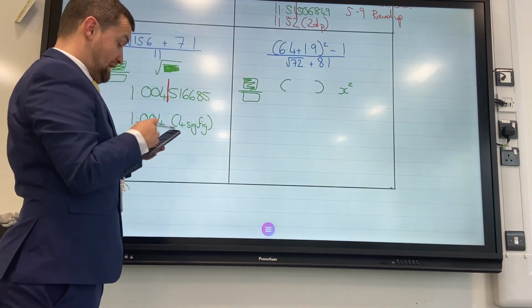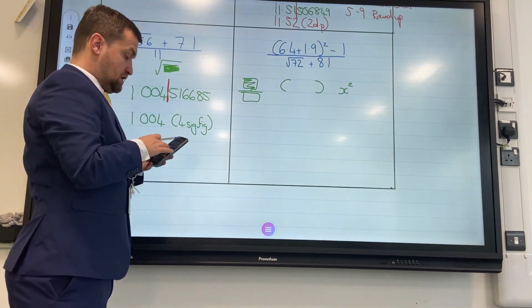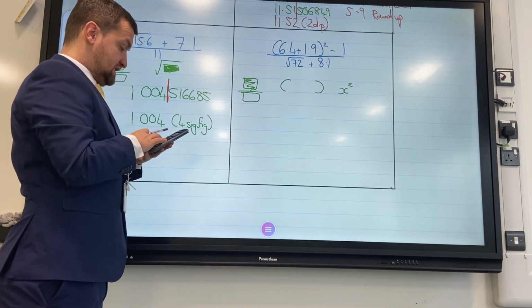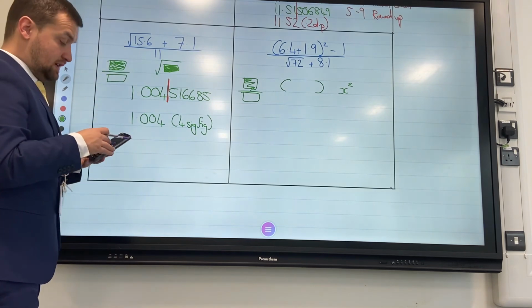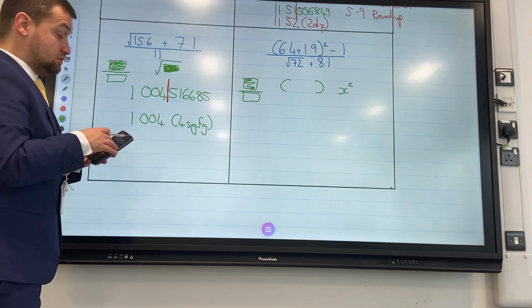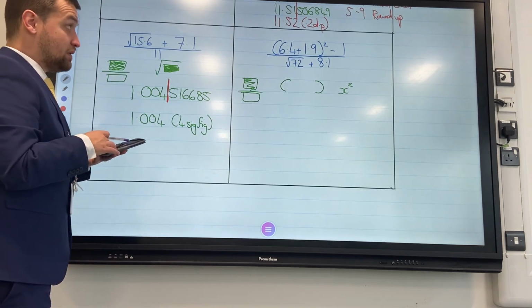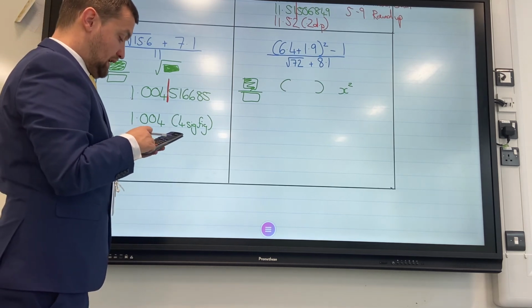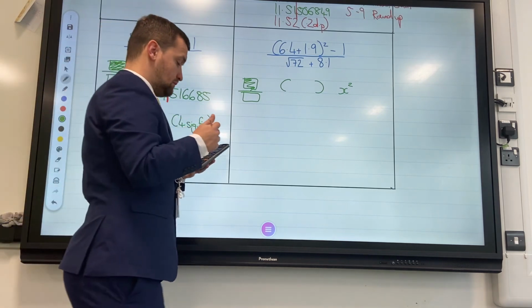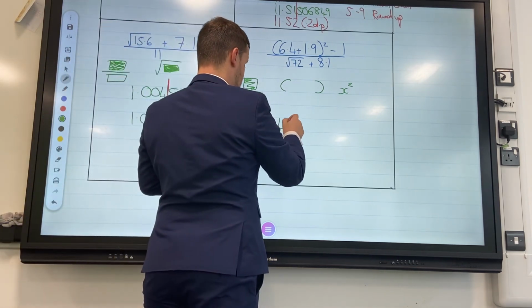We have done the square root. Okay, you push the square root button, 72. Now what do we need to remember after we've typed in everything in the square root sign? We need to press the right arrow, okay, to get it out from underneath the square root, and then you're going to add 8.1 and then press equals.